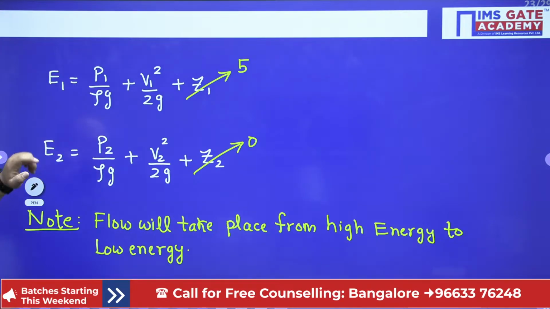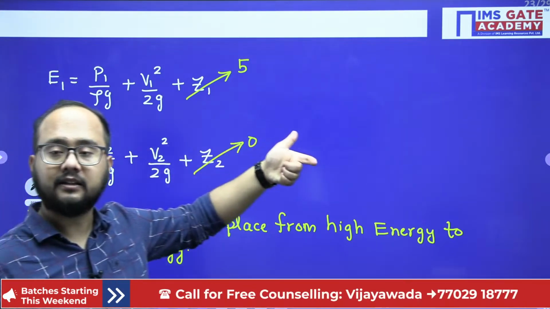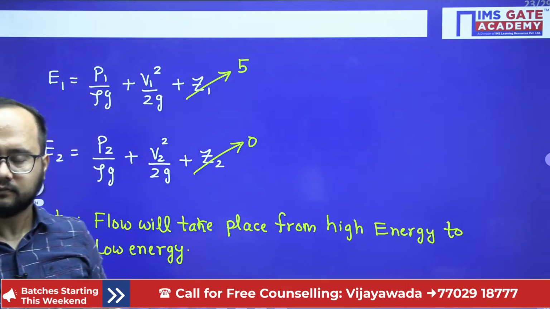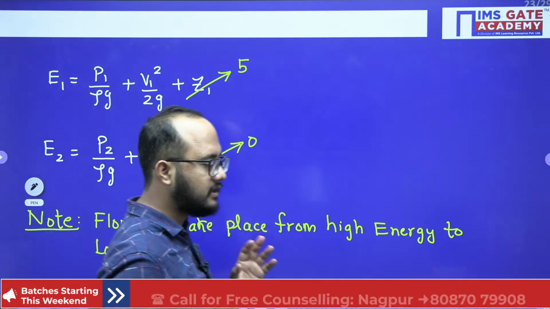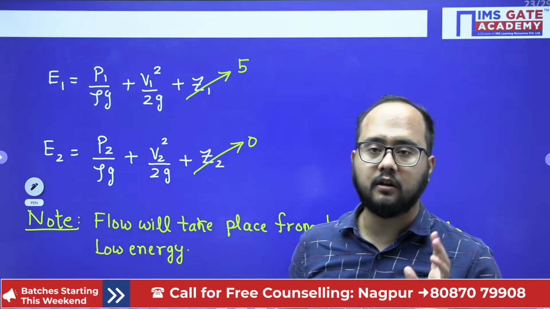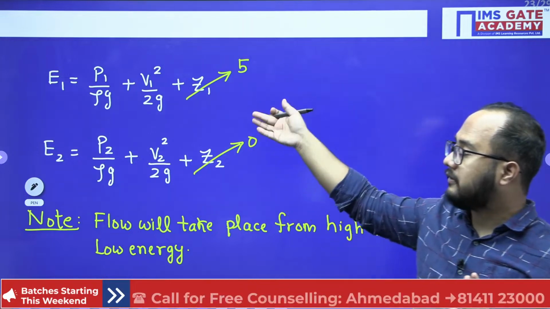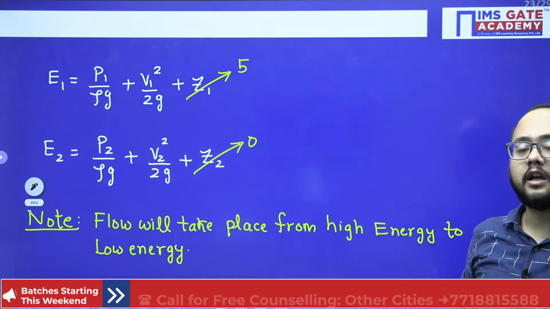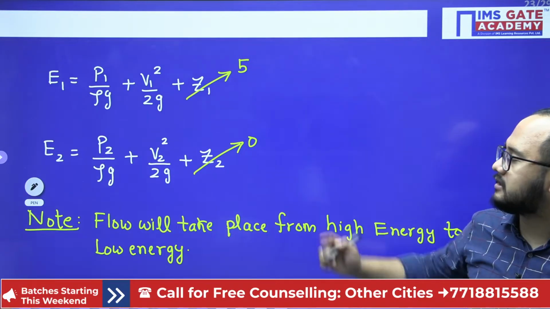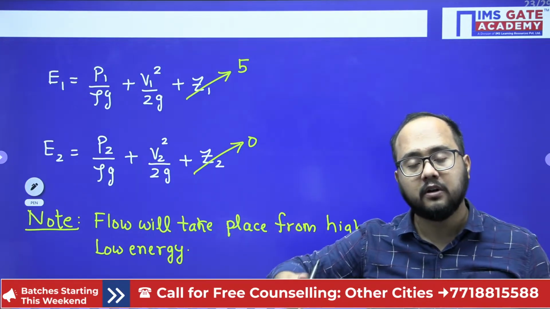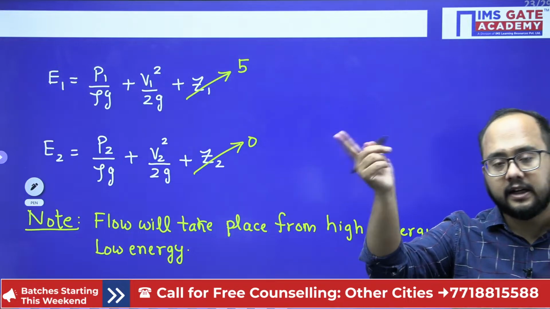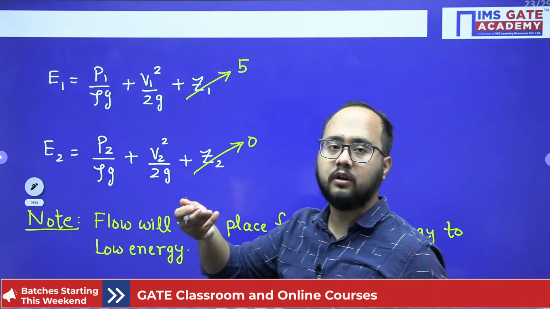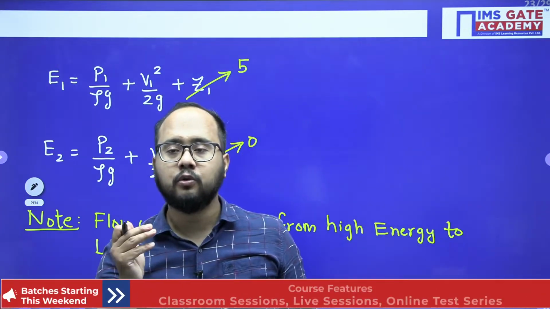Calculate E1, E2, whatever the difference will be there, that will be the loss. So if the E1 value is more as compared to E2, flow will be from 1 to 2. Or if the value of E2 is more as compared to E1, flow will be from 2 to 1. So it depends which value is more, E1 or E2.